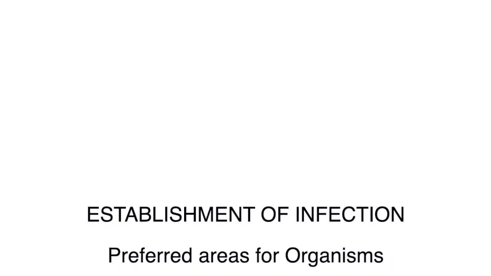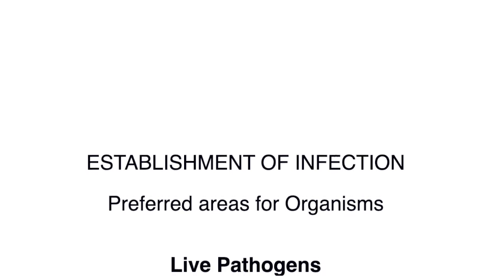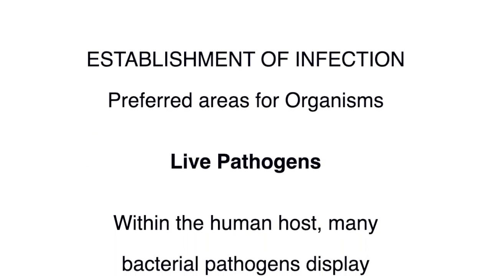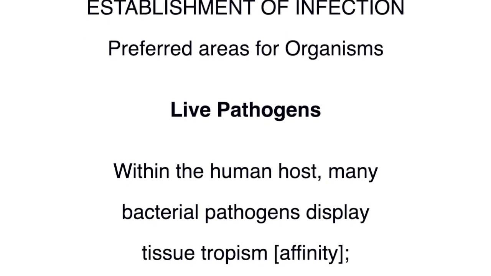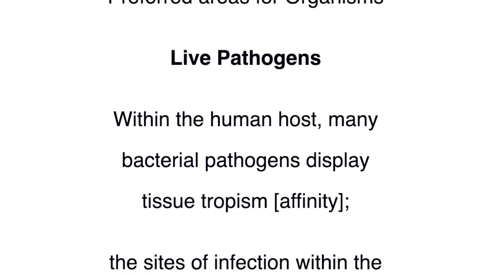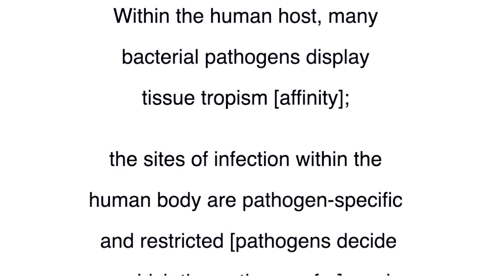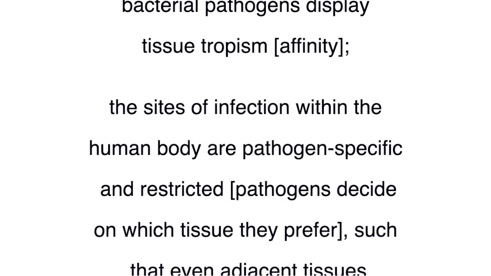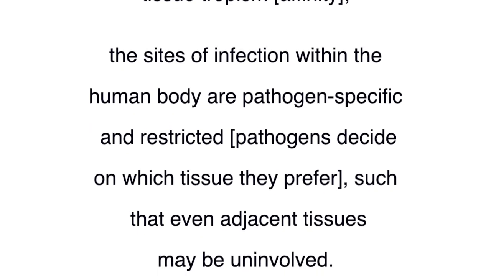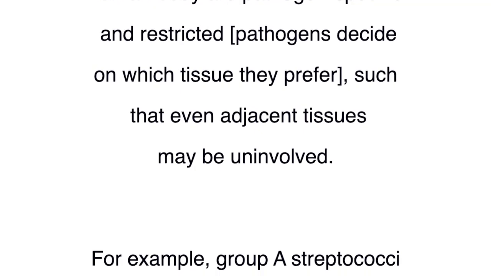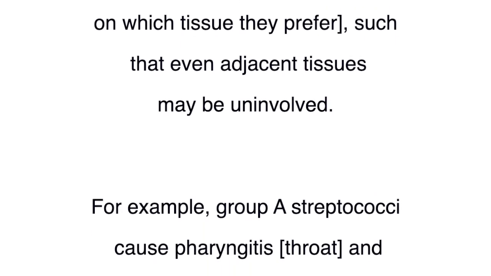Establishment of infection. Preferred areas for organisms. Live pathogens. Within the human host, many bacterial pathogens display tissue tropism, that is affinity. The sites of infection within the human body are pathogen specific and restricted. Pathogens decide on which tissue they prefer, such that even adjacent tissues may be uninvolved.